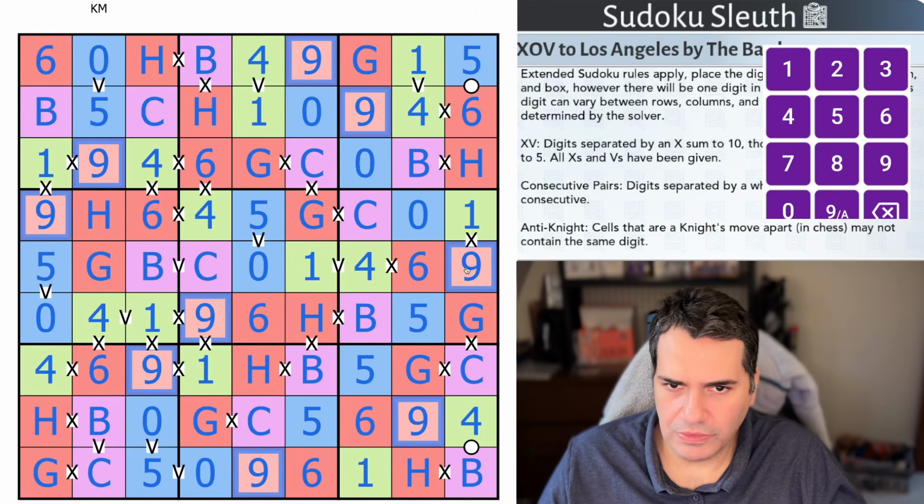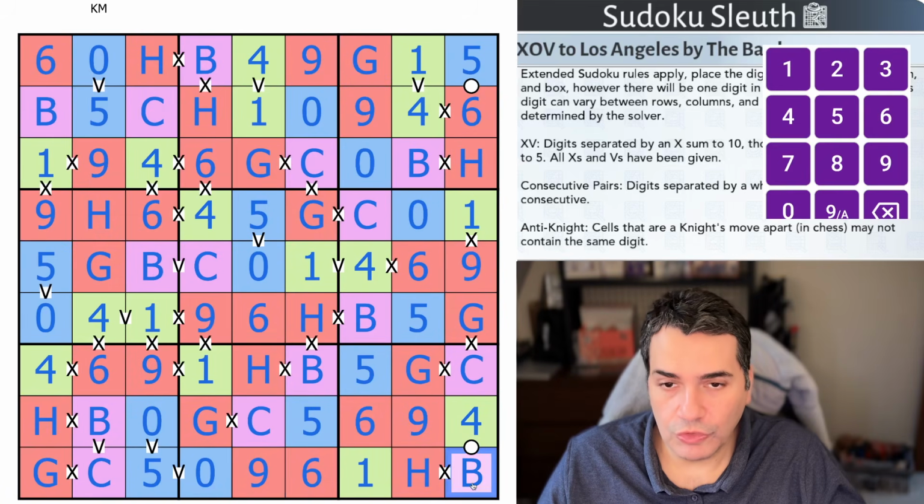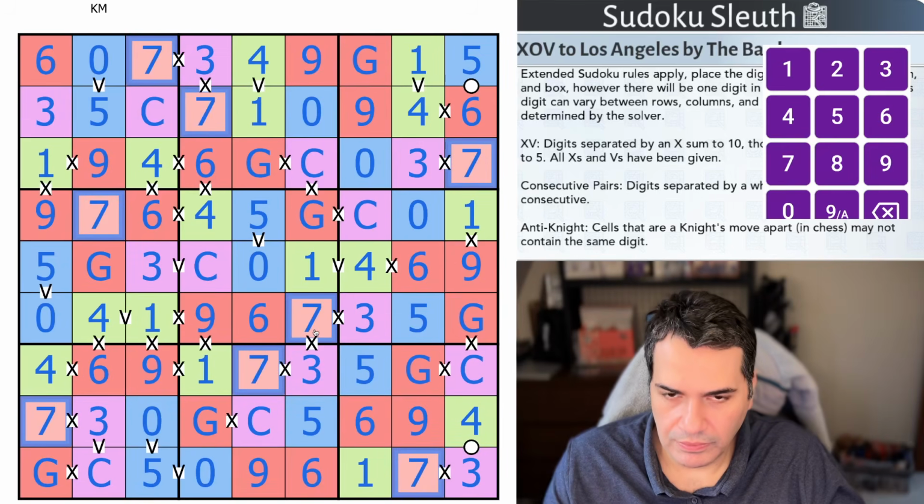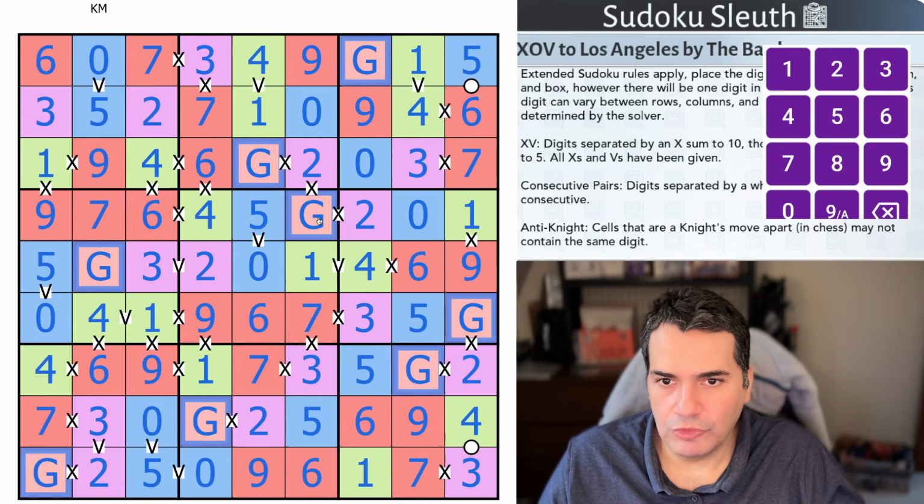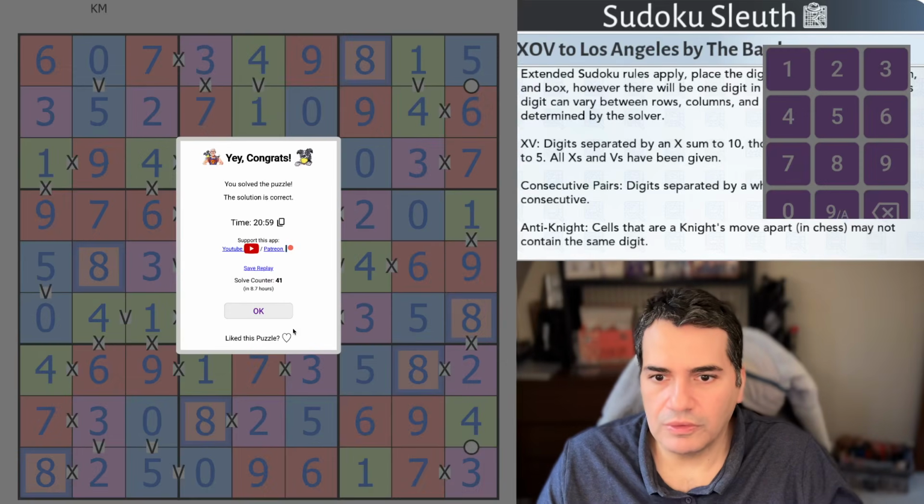For a second there I was thinking like, oh, hang on, how do I figure out the rest? Of course, the 4 is consecutive to, well, it's not 5, it's 3. There you go. 7, 2, if I've not made any mistakes, 8 for the finish.